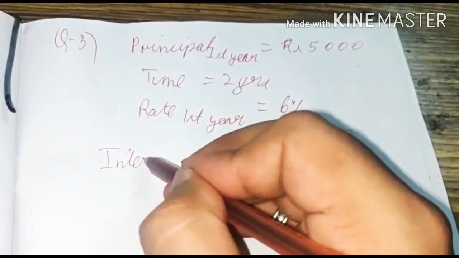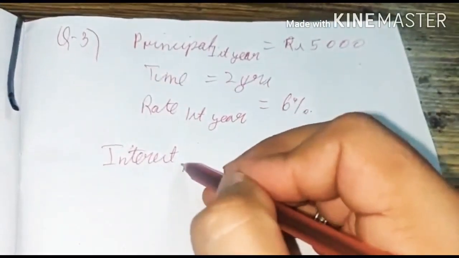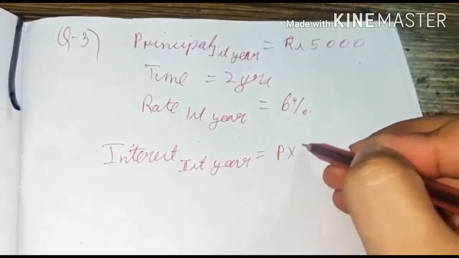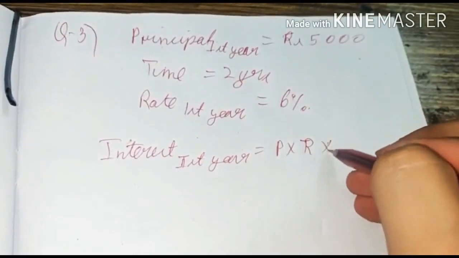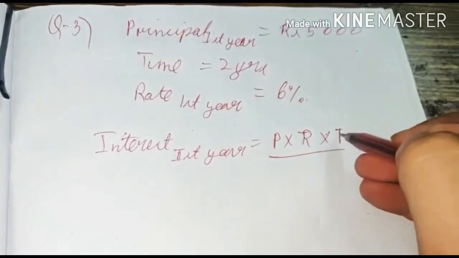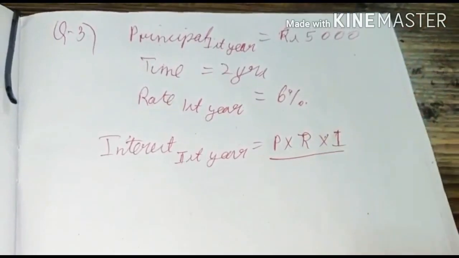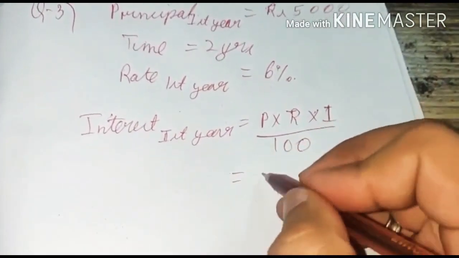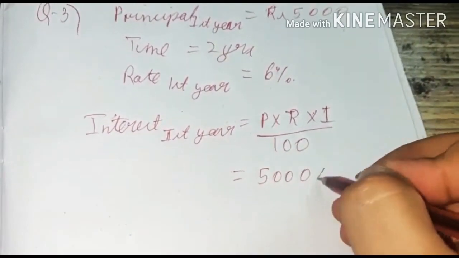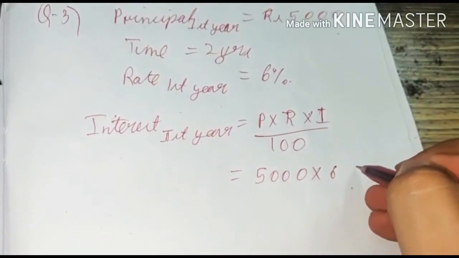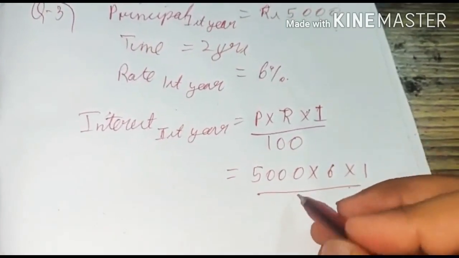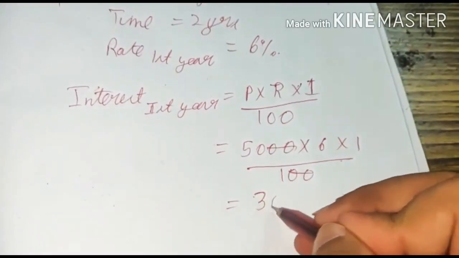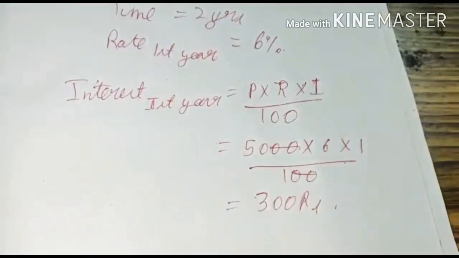Interest for first year will be P into R into time is 1 year. For first year, time will always remain 1 year. For second year, it will be 1 year, because that's the duration of only 1 year. Upon 100, principal is 5,000, rate is 6%, time is 1, and upon 100 it gives 300 rupees as interest on first year.